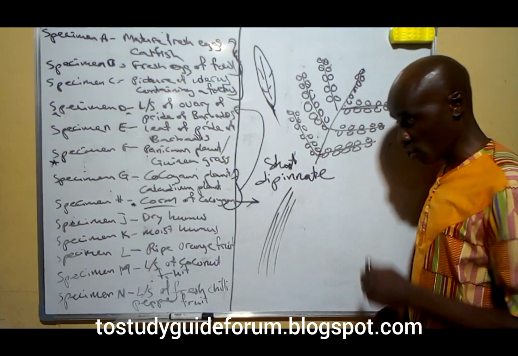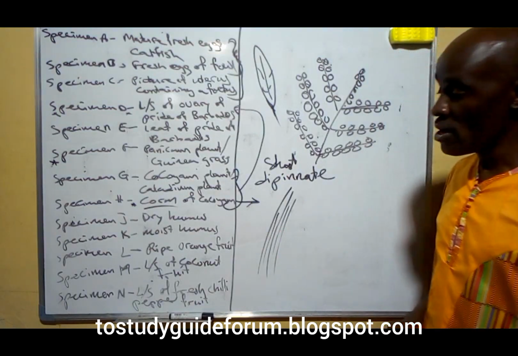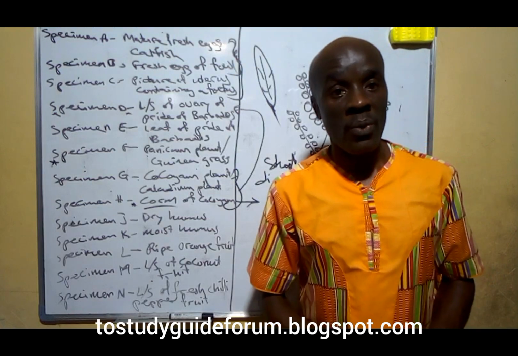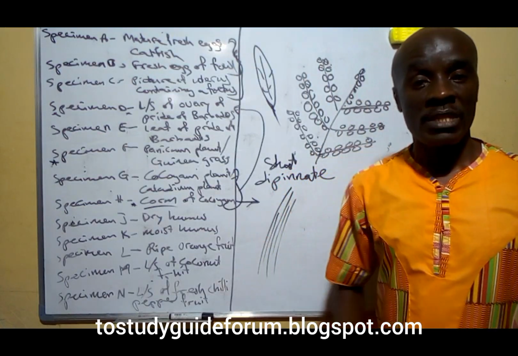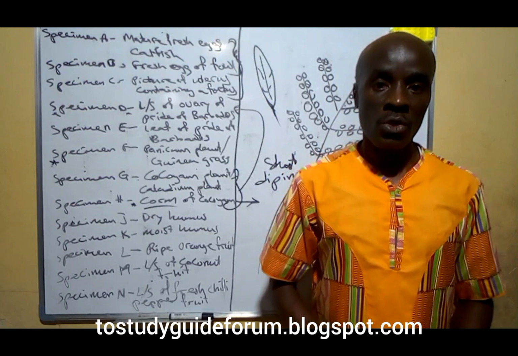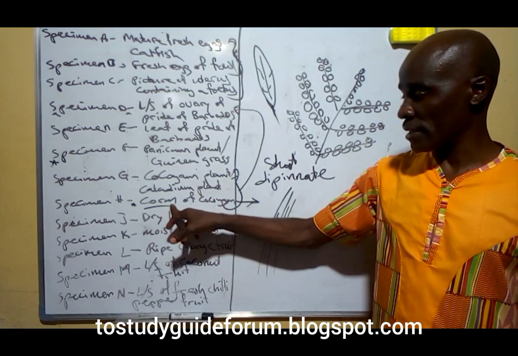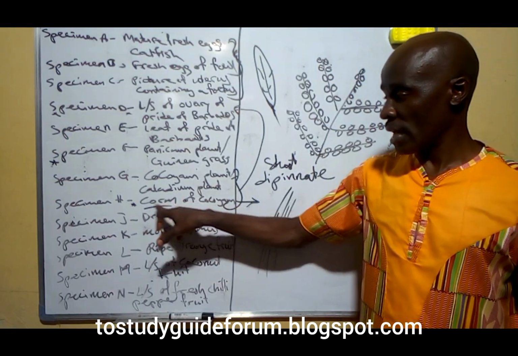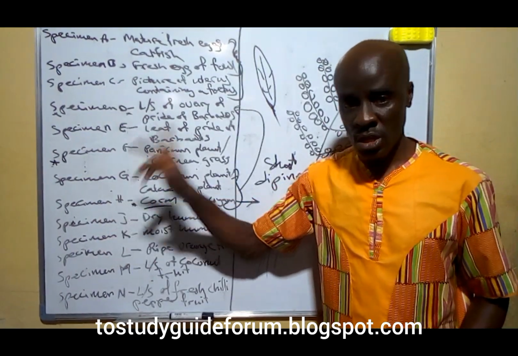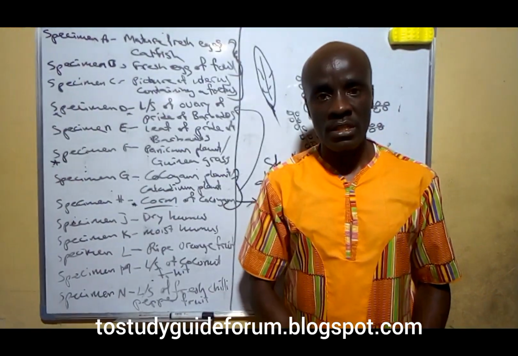In this exam, you should also expect a situation where they will ask you to test for starch, because one of the reagents you will be presented with is iodine and also Fehling's solution. So remember that specimen H serves as a storage organ, and also as an organ for vegetative reproduction.